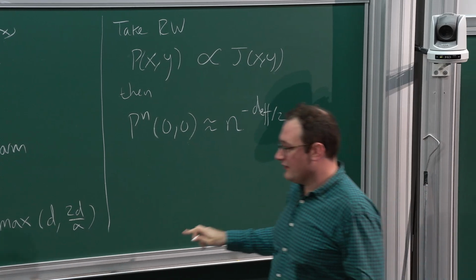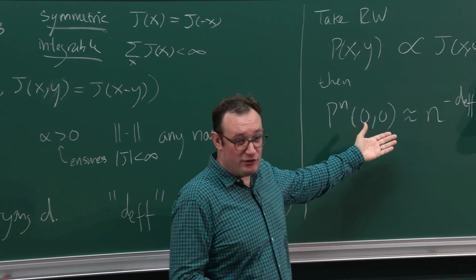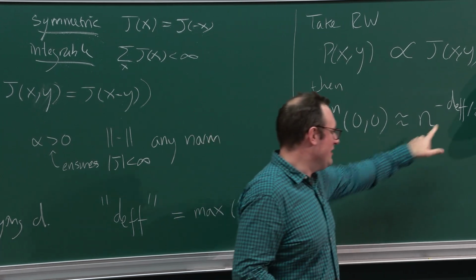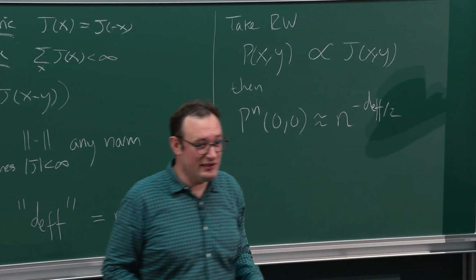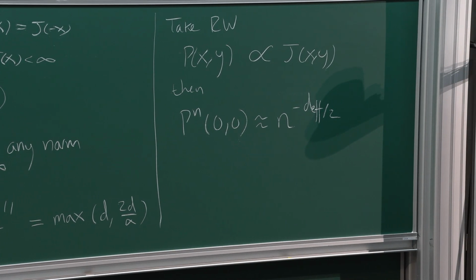So in particular, this effective dimension, you can think of it as being what's called the spectral dimension of the random walk, which just means that it's the value you can put here that makes this true.